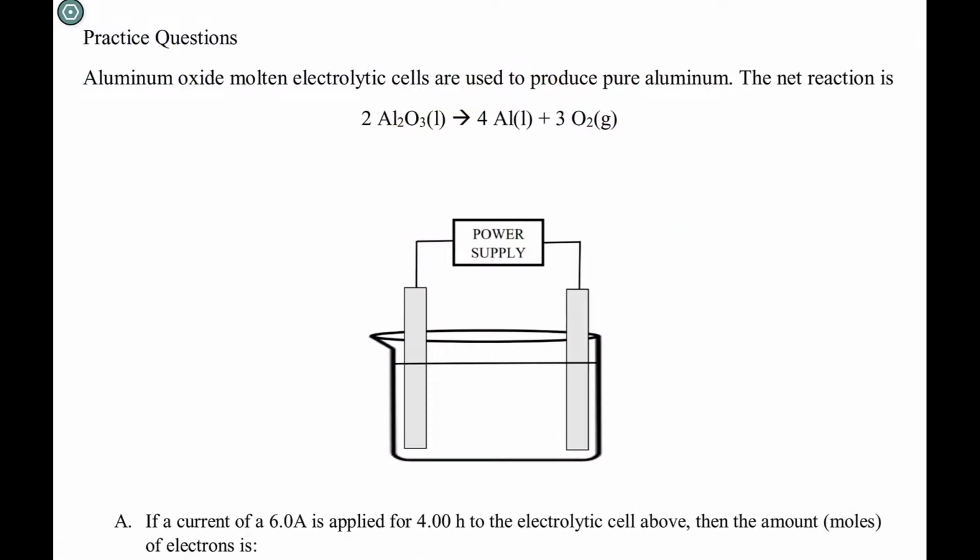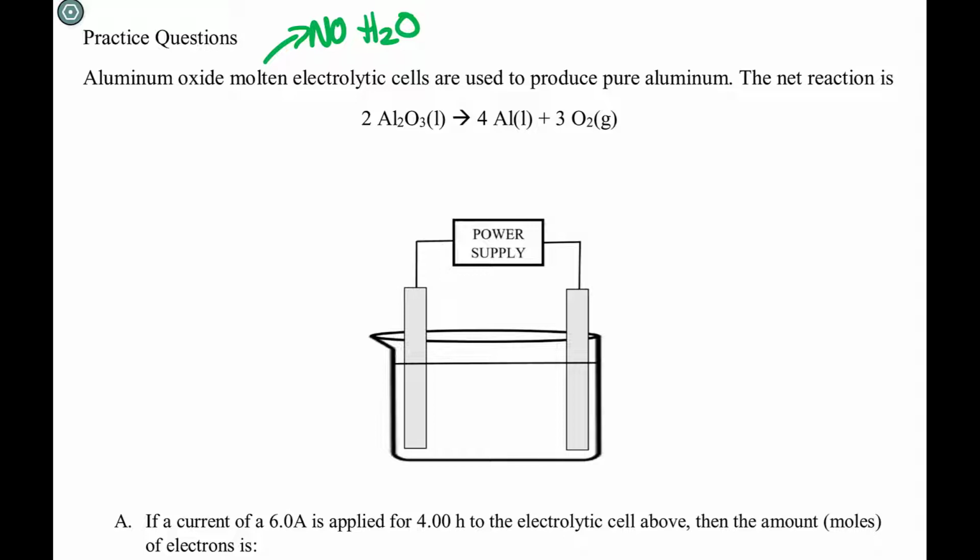So let's look at probably one of the most famous, most widely used molten electrolytic cells. Remember that a molten cell has no water and that it has just been a melted ionic compound. This allows us to have ions that are able to flow, and therefore the electrolytic cell works.